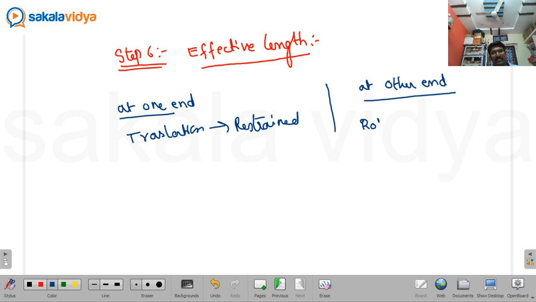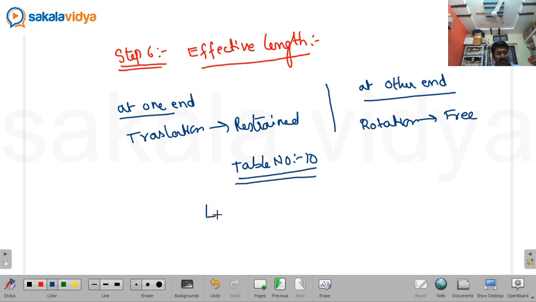So this is the condition given in the question. By using which table do we find the effective length formula? Table number 10. So what is the formula for effective length? Effective length is equal to some constant multiplied with the given length.